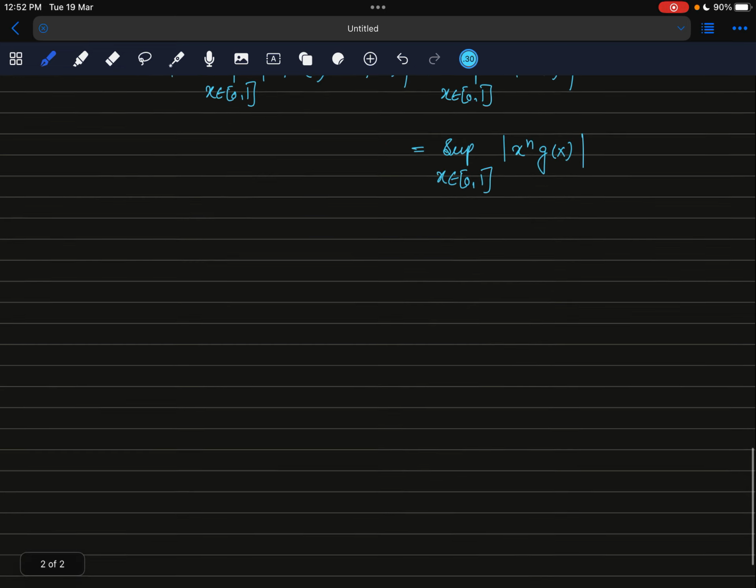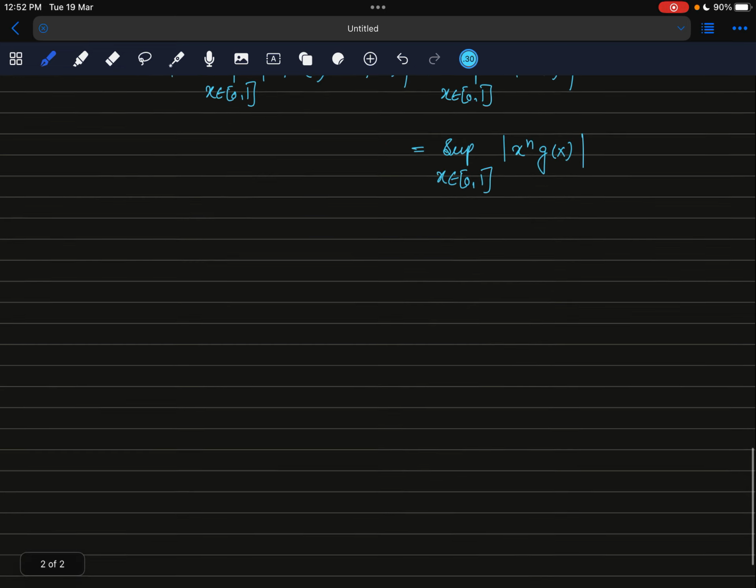Here f_n is continuous on the closed interval [0,1], and therefore f_n is bounded on this interval.